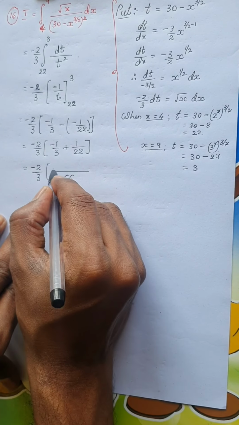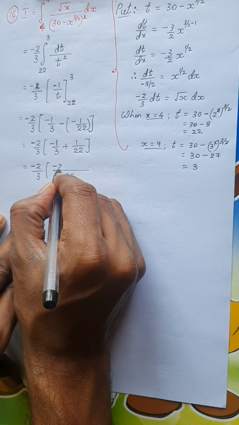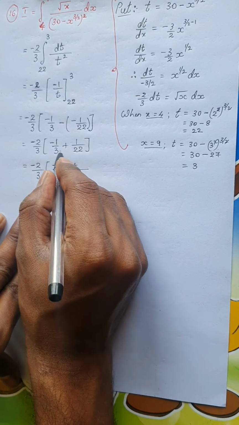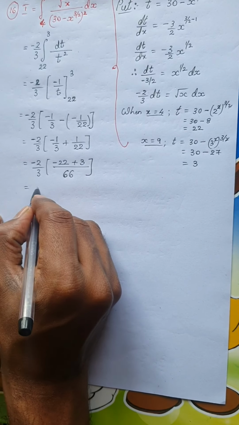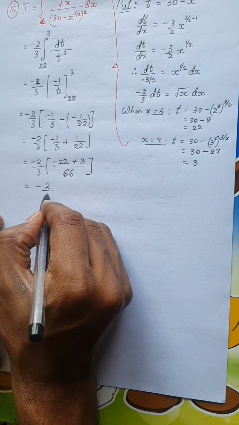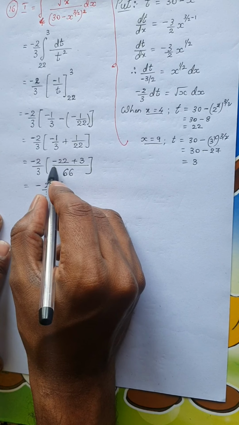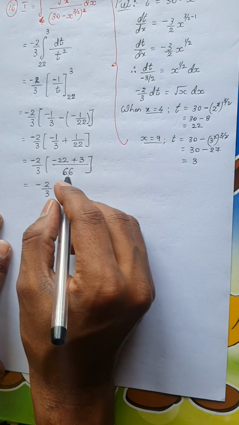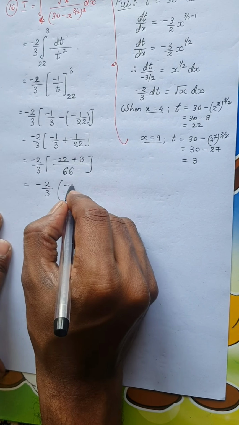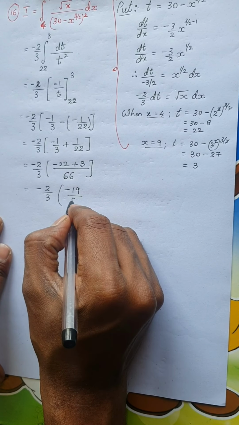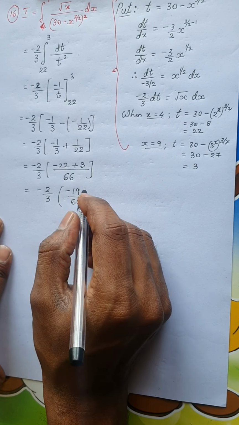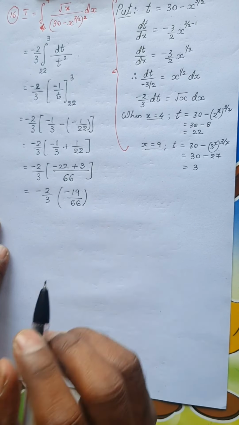So this would be minus 22, because 22 ones are 22, plus 22 threes are... so this becomes 3. So this will be minus 2 by 3 into minus 22 plus 3, which would be minus 19, remember, isn't it? So minus 19 divided by 66. Is it clear? So what happens here?